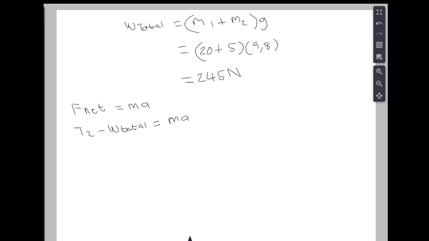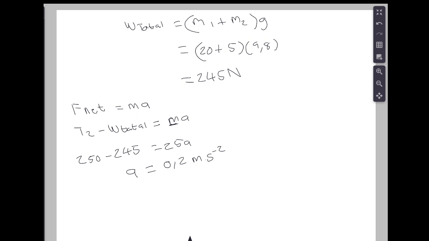Now, because we used T2 and the total weight, we must also use the total mass. So we're going to say 250 minus 245 is equal to 25a. And if you calculate that, your acceleration should be 0.2 meters per second squared. Okay, now we have acceleration.